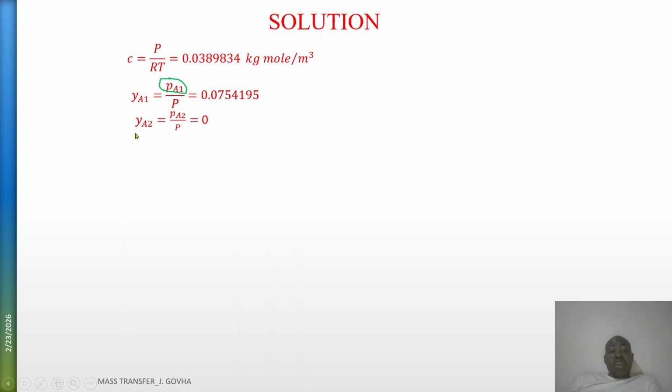Then YA2 is calculated using PA2 over P, and PA2 is 0, so YA2 becomes 0 also. So YB2 is equal to 1 minus YA2, which equals 1.